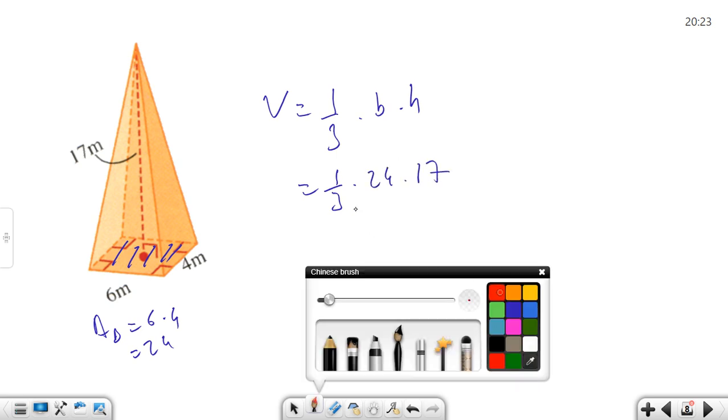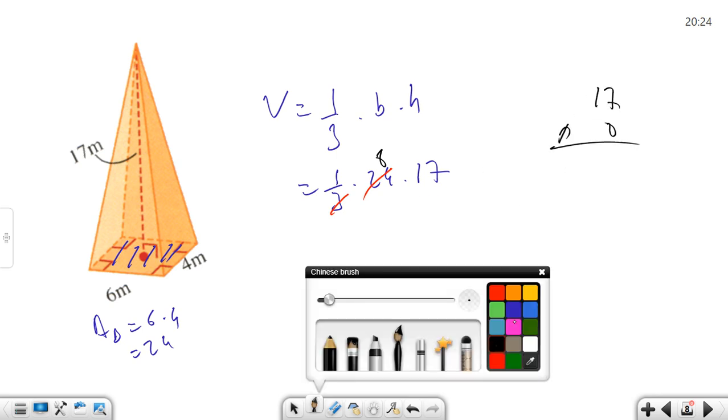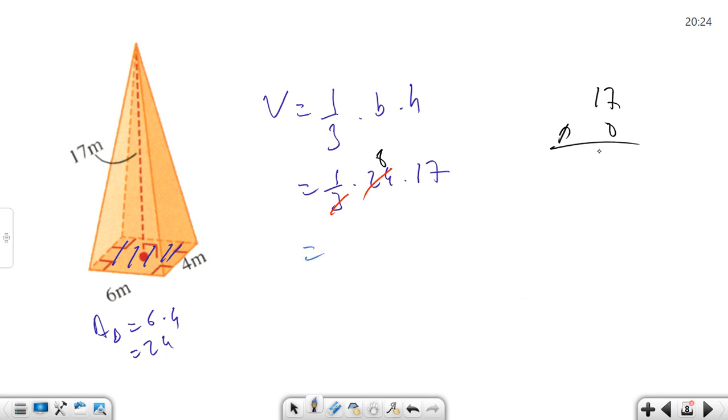I can simplify this 3 and 24. 24 divided by 3 is 8. 8 times 17 is 136 meter cube. So that's the volume.